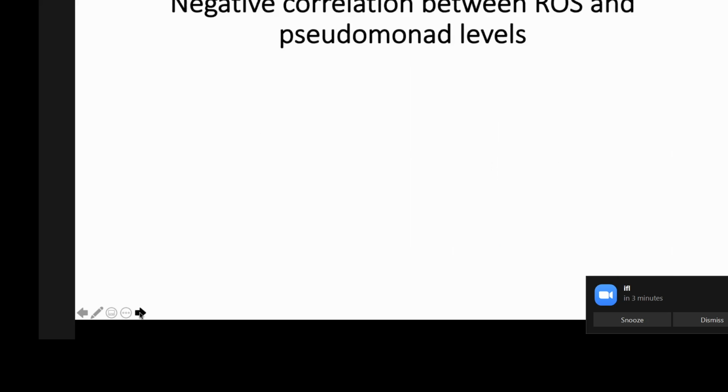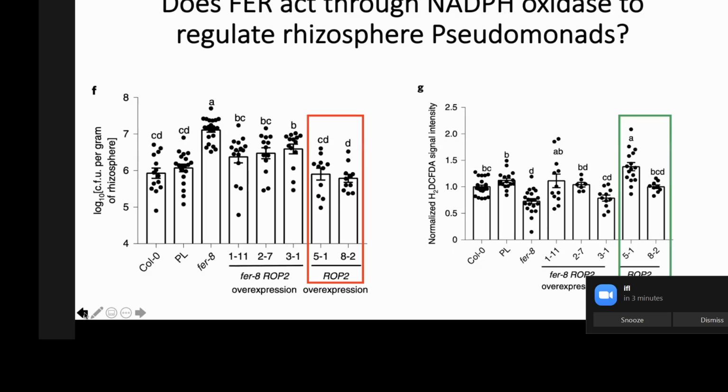Okay. But it is kind of interesting that they get the two lines, the ROP2 overexpression, the two lines are consistent for the pseudomonad population, but they're inconsistent for the ROS species. So maybe that's the problem with the quantification of ROS species. I think it's also hard to overexpress ROP consistently because it's so tightly regulated.